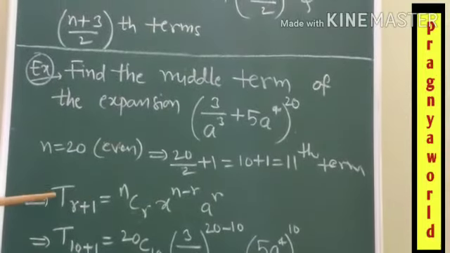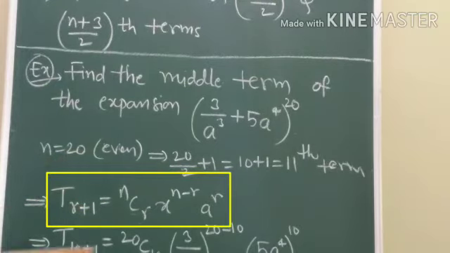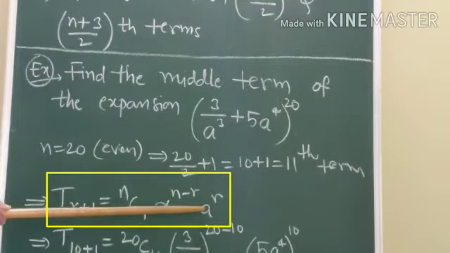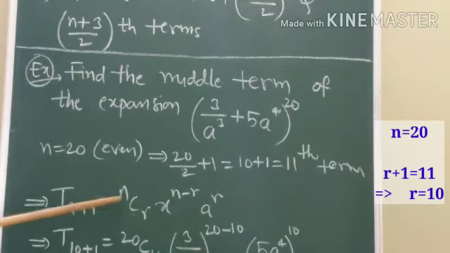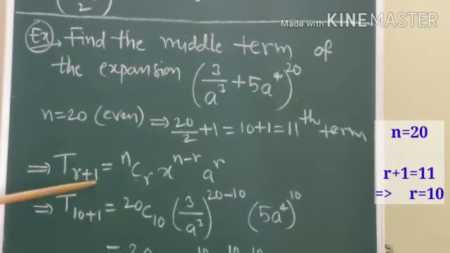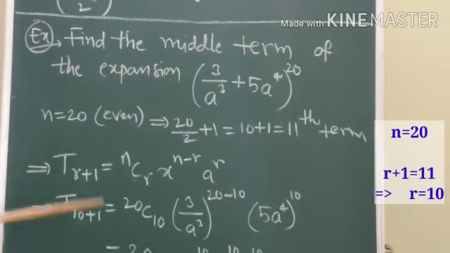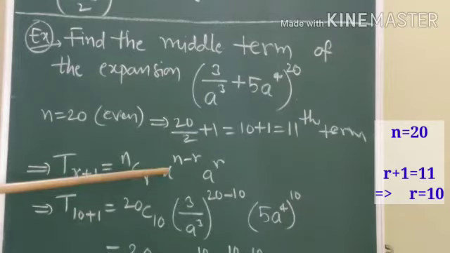Now let us take the formula for the general term, that is T(r+1) = nCr x^(n-r) a^r. Here the n value is 20 and r + 1 is the 11th term, which means we take r value 10. That means T(10+1), that is the 11th term, is equal to 20C10 times the first term.